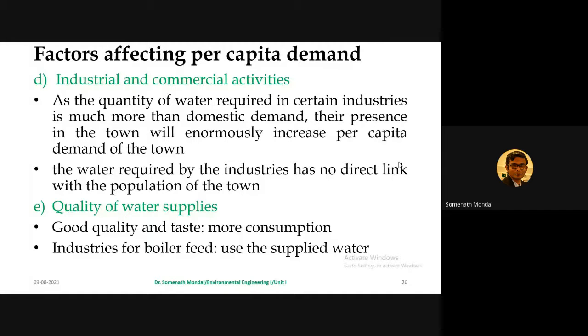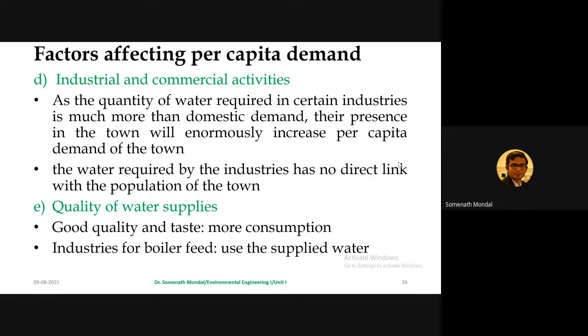So when you calculate the per capita demand, the number of industries and industrial and commercial activities also needs to be assessed as a priority, and based on that you can calculate the per capita demand.